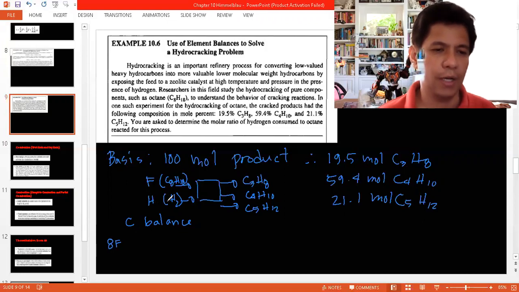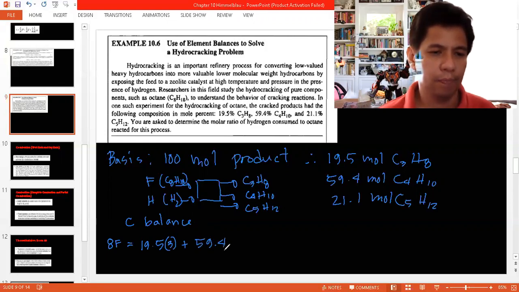Hydrogen has no carbon, so it is not included in the equation. This equals 19.5 moles of C3H8, so 19.5 times 3, plus 59.4 times 4, plus 21.1 times 5.